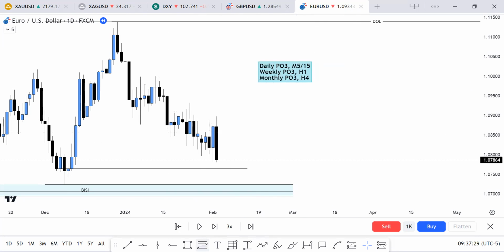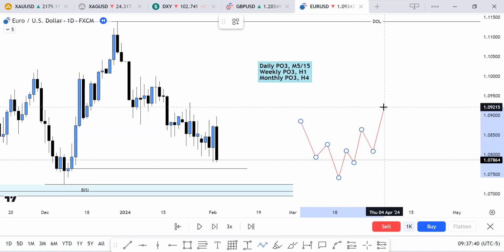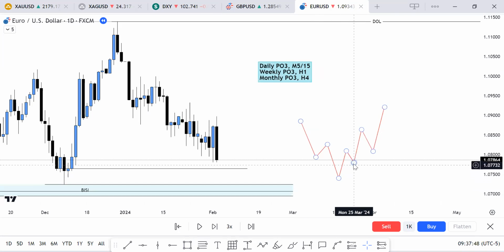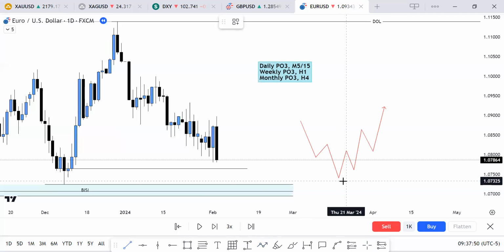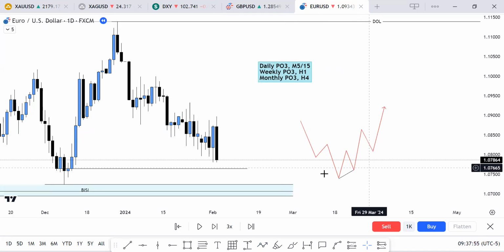Those who are connected with me in the group know that when I say this is the low of London, until New York continues the price, once it does, that confirms it as the low of the day. And if it's on Tuesday or Wednesday and I see an SMT at my key level, of course with power of 3 alignment, then I anticipate this as the low of the week.